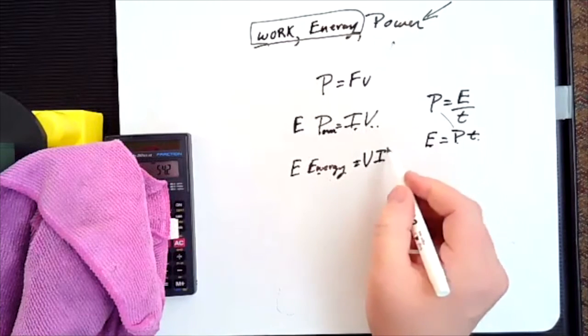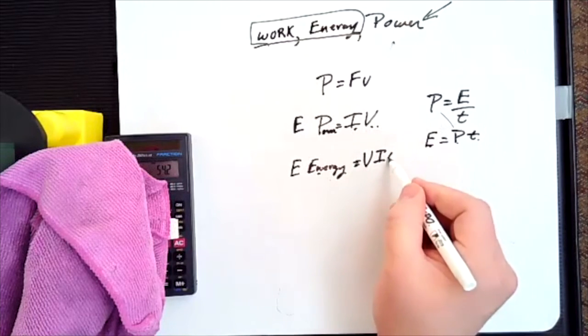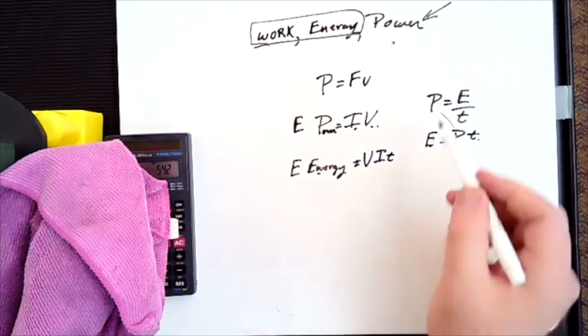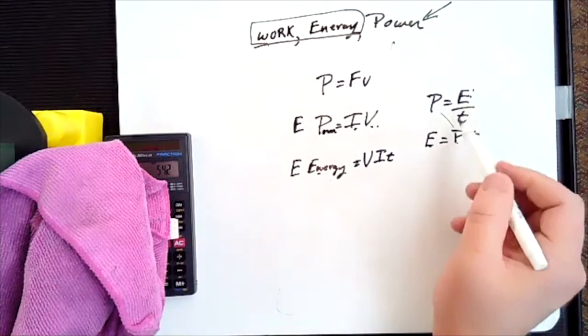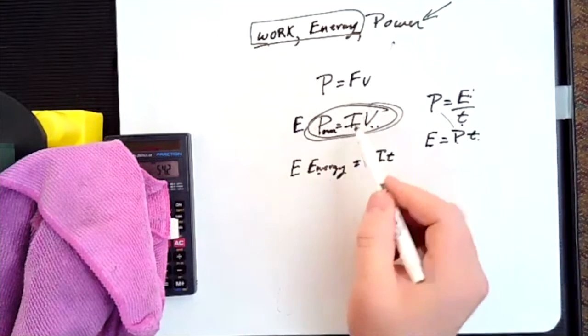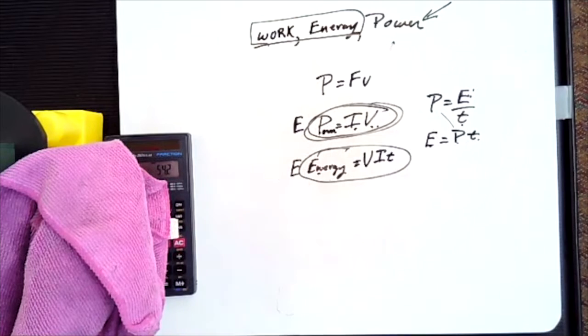So I need to take that times time. Does that make sense? Power is energy over time, so energy is power times time. Here's your equation for electrical power. So your electrical energy needs to be volts times amps times time. Okay, so we always discuss this question because I think it's interesting and you should probably understand it and know it.